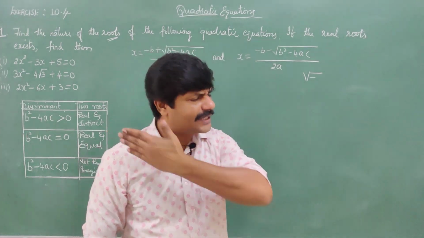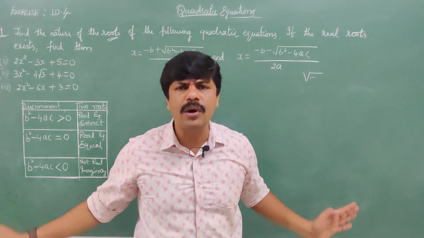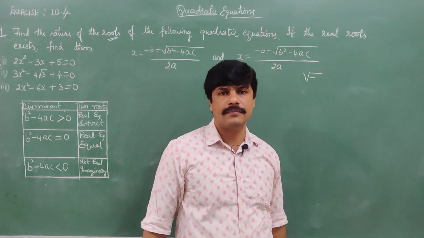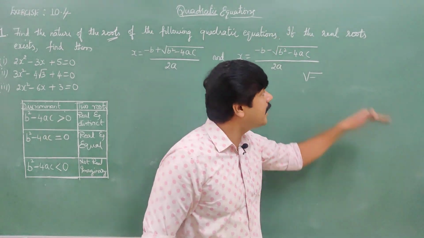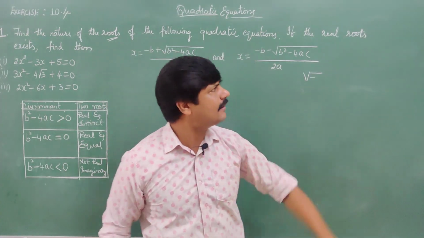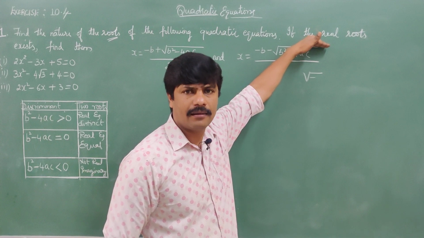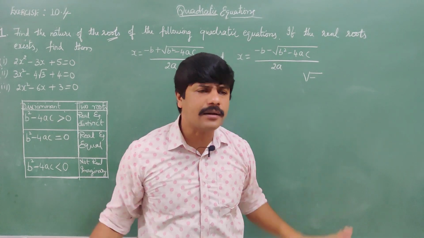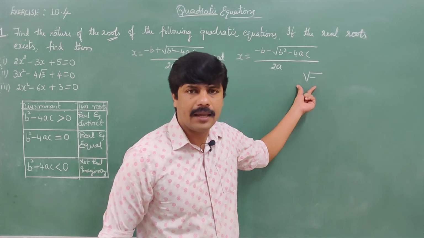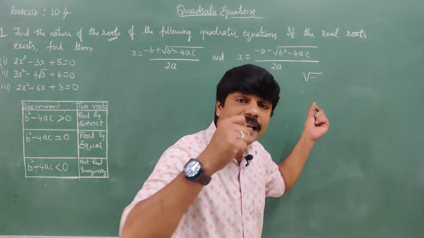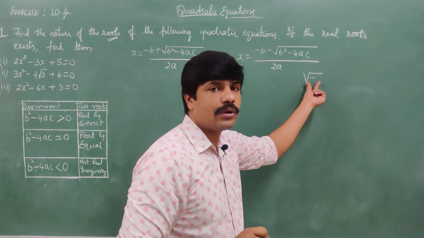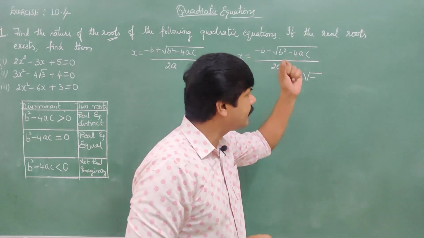All the rest, whether positive or negative or whatever kind of numbers, become real numbers. So if the roots are real numbers, then they are real. If the roots are not real numbers, then they are imaginary. Imaginary is the only case where a negative number comes inside the root.